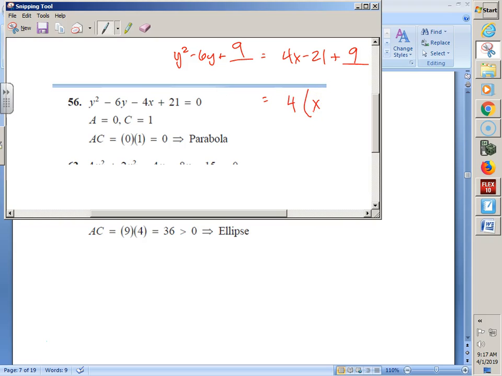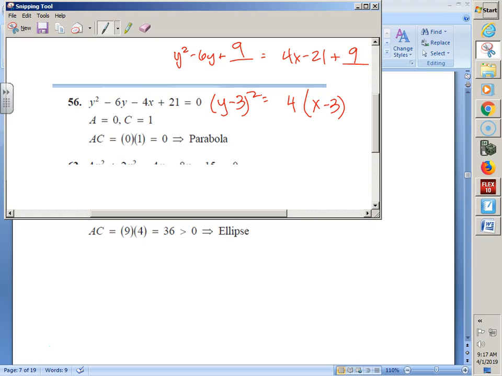That'd be minus 12, right? So then take out 4, that'd be minus 3, and that'd be y minus 3 squared. Oh, it's getting x by itself. But this is our standard form, remember, with the 4p?